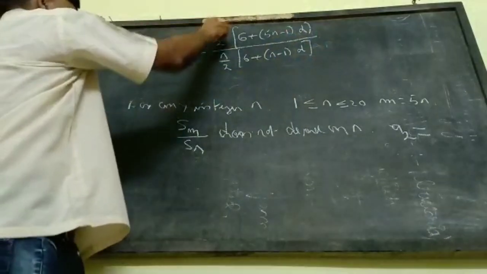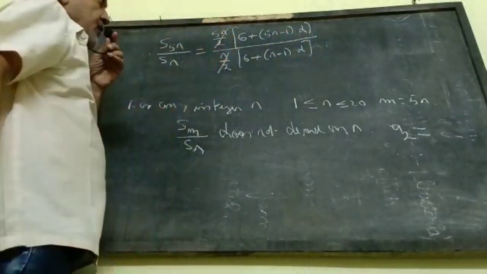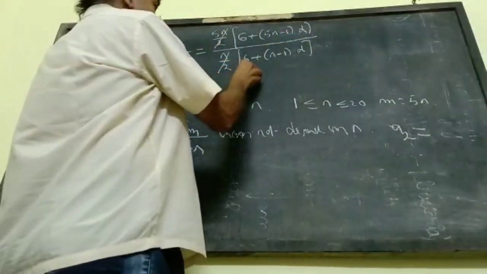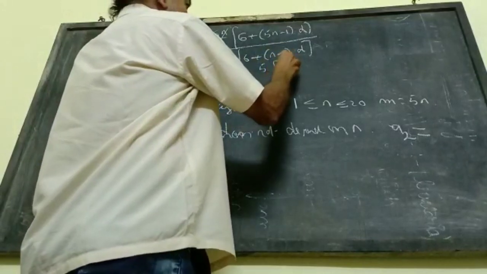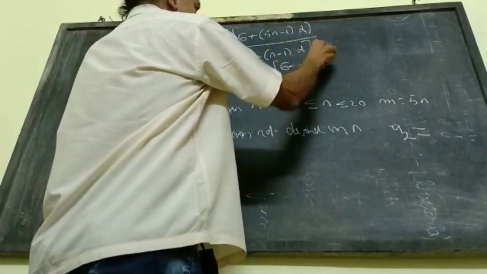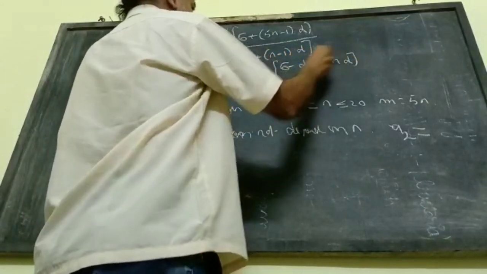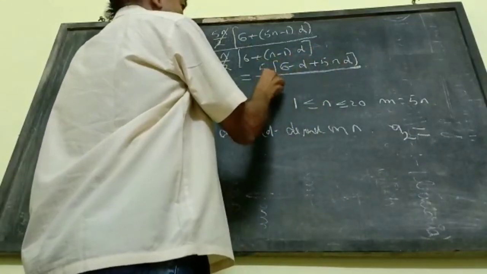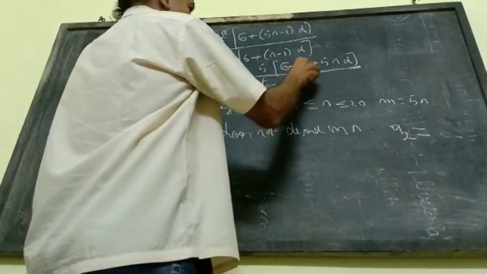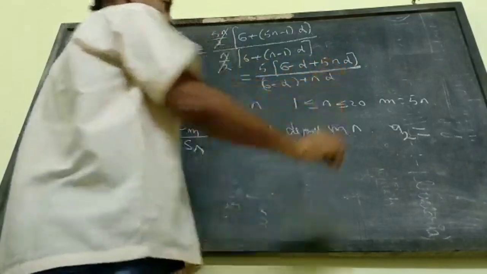So, n by 2 will go. So, you are going to get 5 into 6 minus D plus 5nD, whole divided by 6 minus D plus nD.